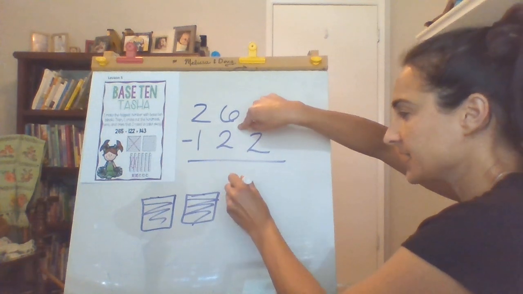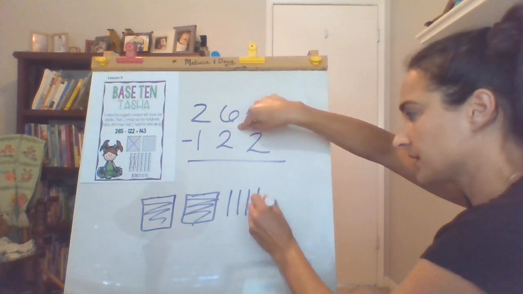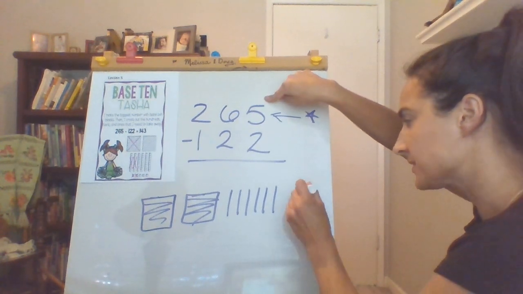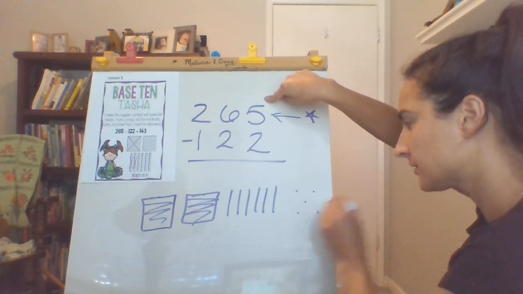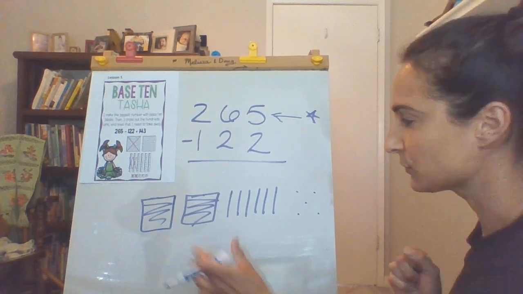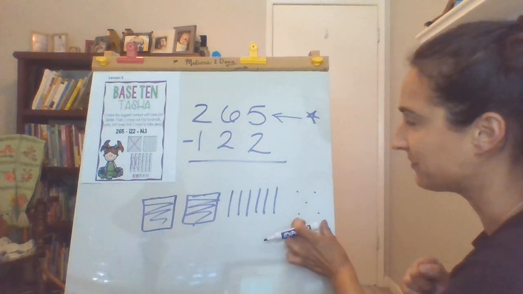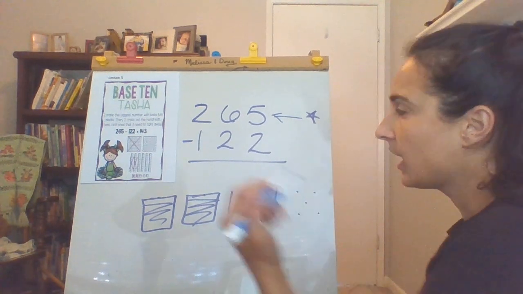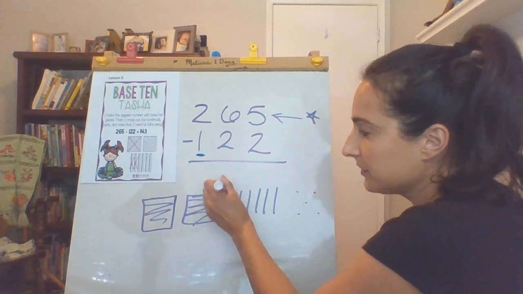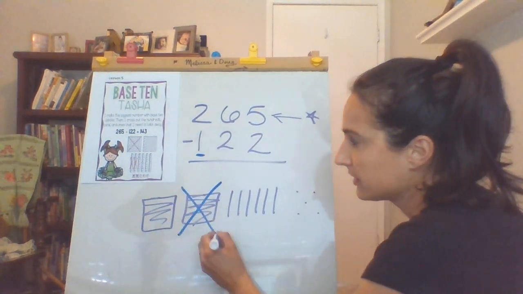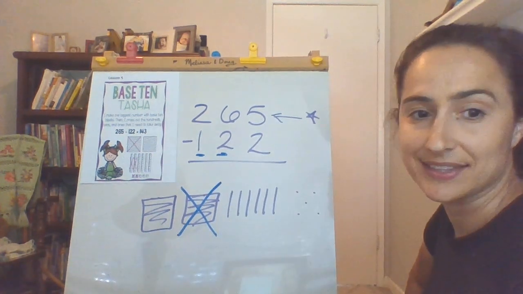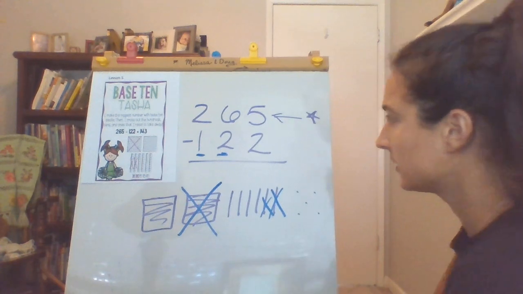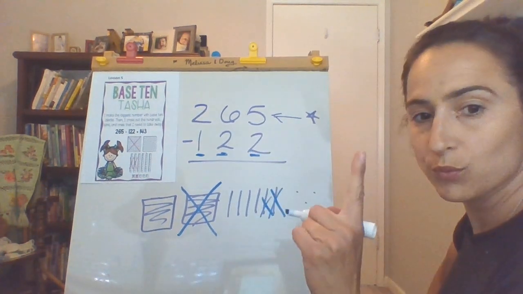I have 6 tens, and I have 5 ones. So 200, 60, and 5. Now I'm going to take away 100. I'm going to take away 2 tens. And I'm going to take away 2 from my ones.